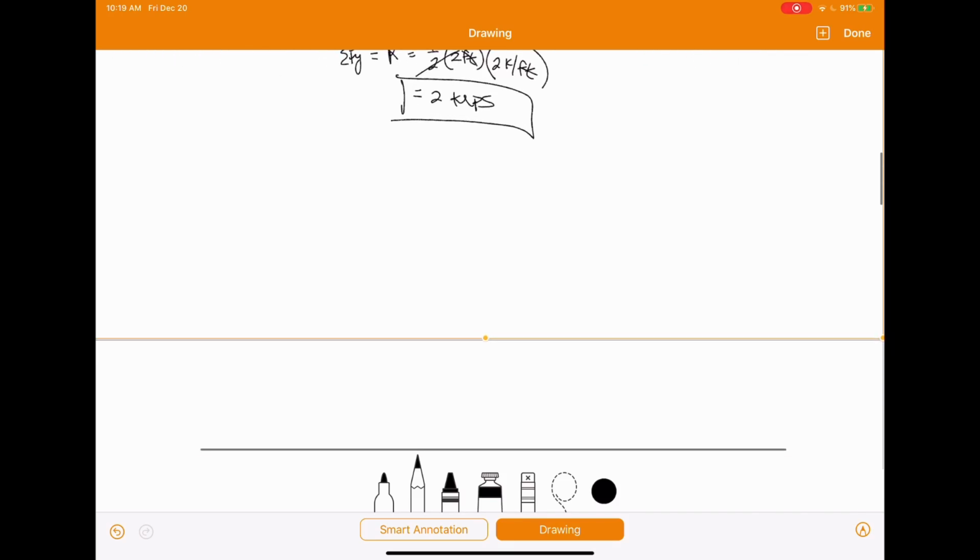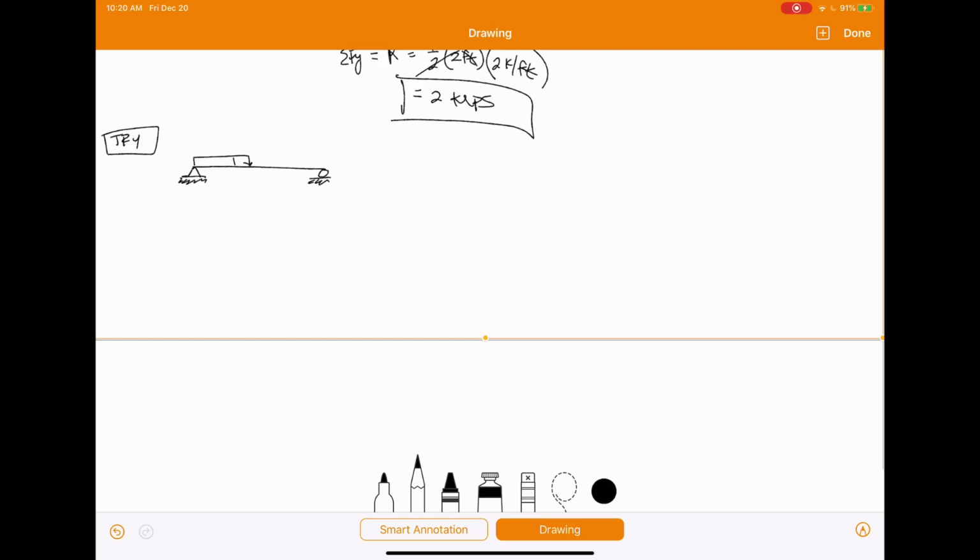So again, not very much different from what we just did. So go ahead and try on your own. If you've got a simply supported beam, and you've got a rectangular distributed load now, with a magnitude of 2 kips per foot, and then a point load of 10 kips.